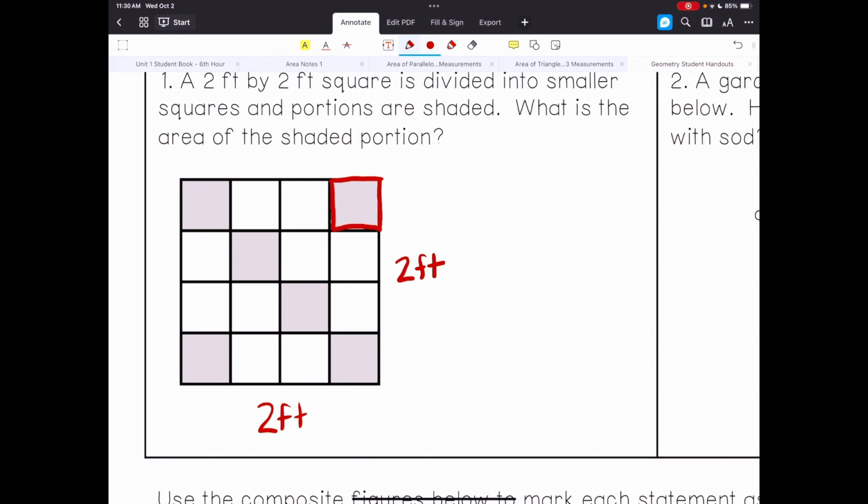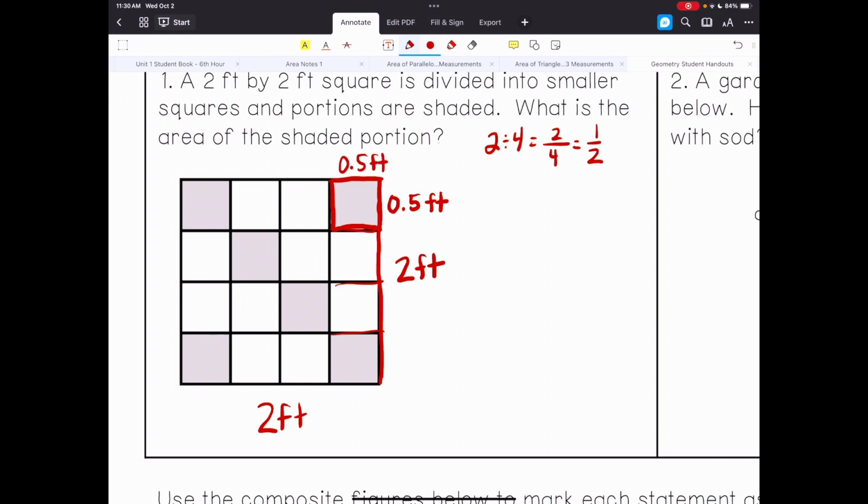And so when I look at this, this 2 foot section right here is cut into 1, 2, 3, 4 pieces. So we're going to actually do 2 divided by 4. When I write that as a fraction, 2 divided by 4 simplifies to a half. So that means that this is 0.5 feet. And because they're cut into squares, we know it's 0.5 feet by 0.5 feet.